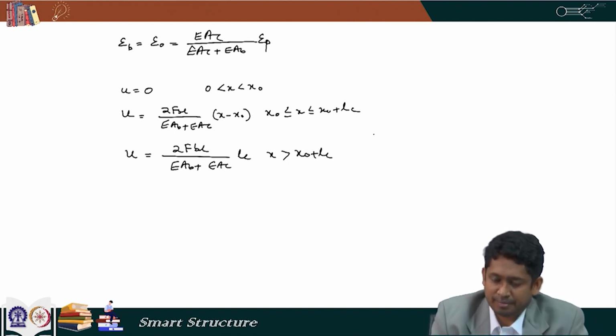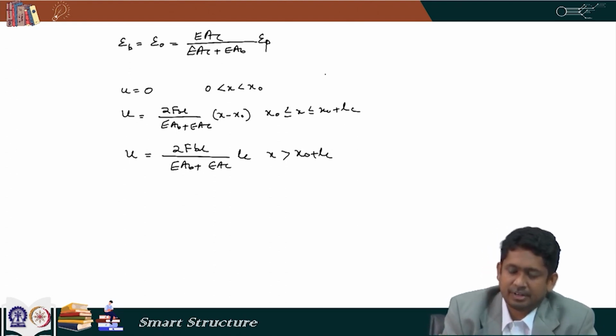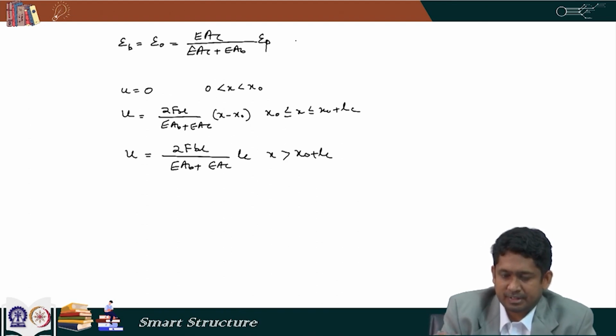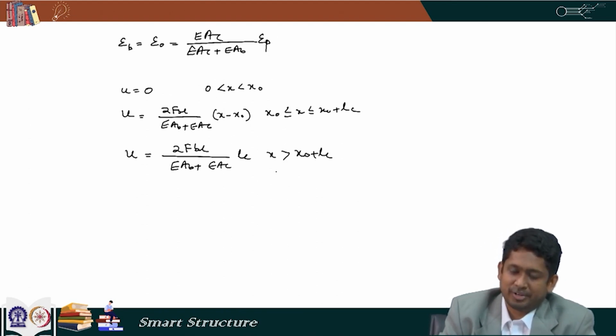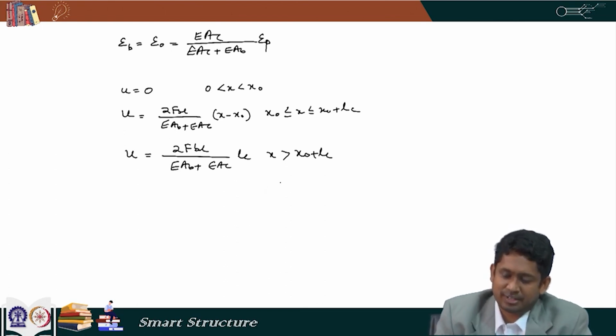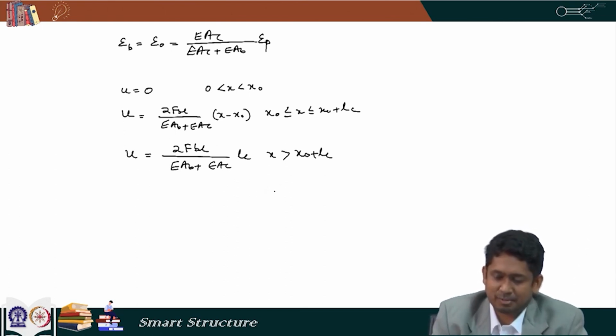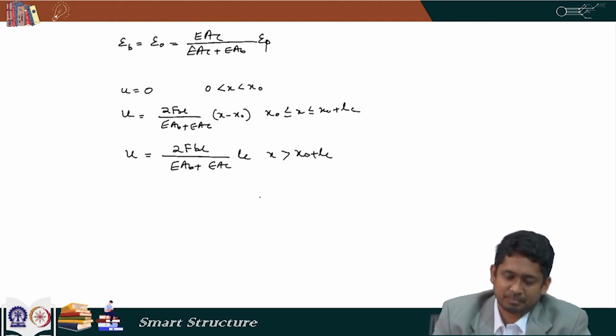So, here we are finding the strains and integrating the strain as we did before with the boundary conditions, and we get our displacements at different parts of the structure as this.